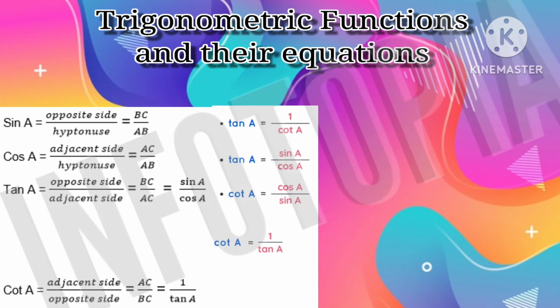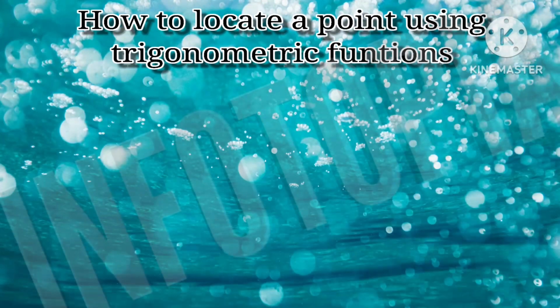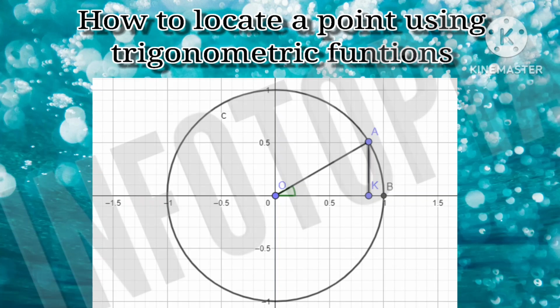Now that we have reviewed the trigonometric functions that we are going to use today, let's identify how to use them to locate a point in a trigonometric circle. Let's consider a point A on a trigonometric circle of origin O. If we form a right triangle called AOK, we can notice that OA, the hypotenuse, is equal to the radius 1.